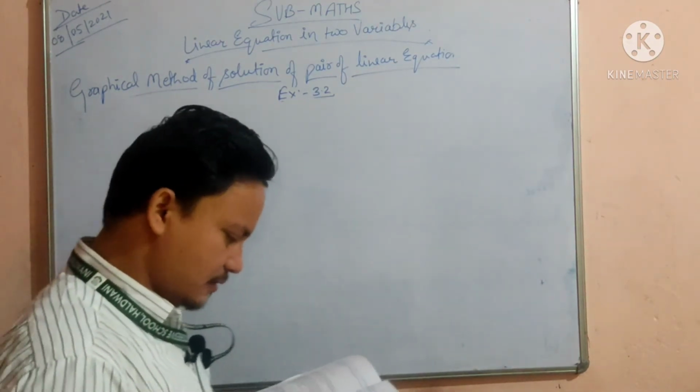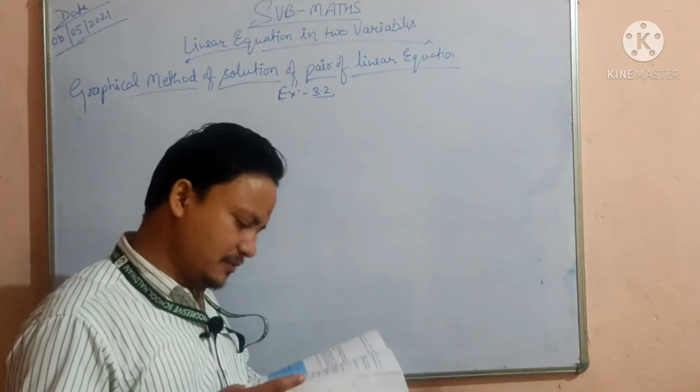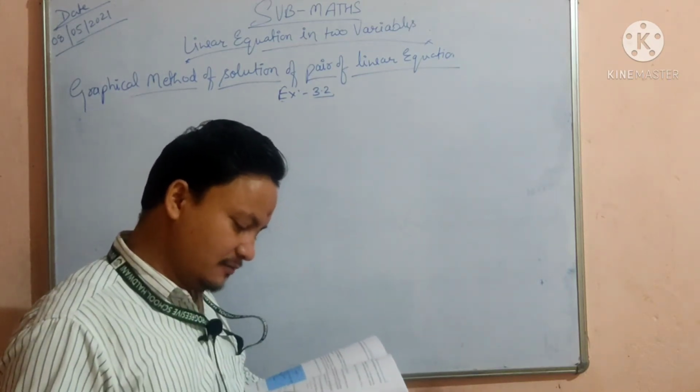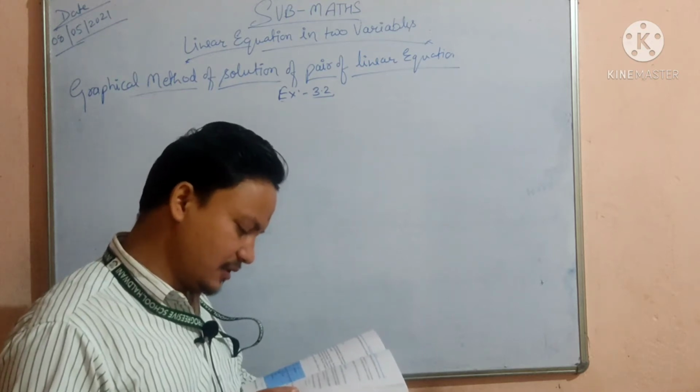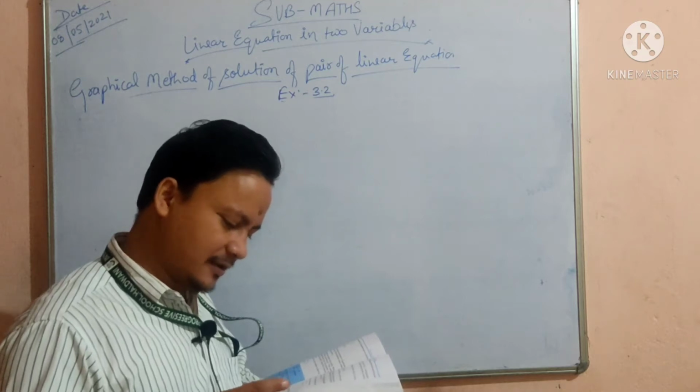The second question of exercise 3.2 is on comparing the ratios a1 upon a2, b1 upon b2 and c1 upon c2. Find out whether the lines representing the following pair of linear equations intersect at a point, are parallel or coincident.